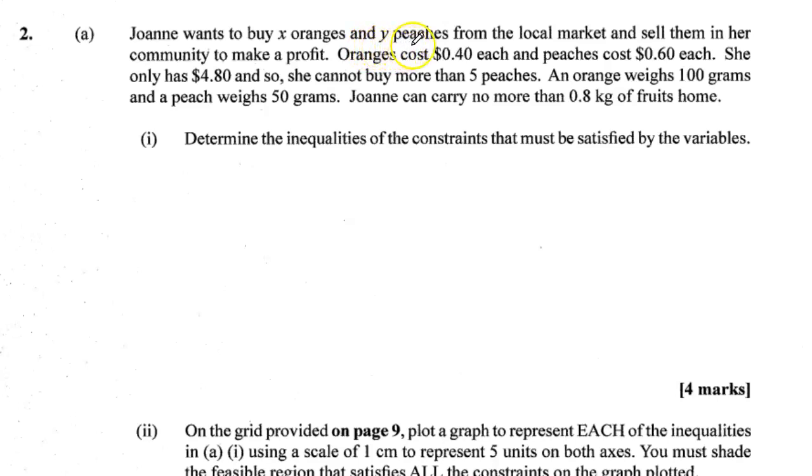She only has $4.80, and so she cannot buy more than 5 peaches. An orange weighs 100 grams and a peach weighs 50 grams. Joan can carry no more than 0.8 kilogram of fruits home.